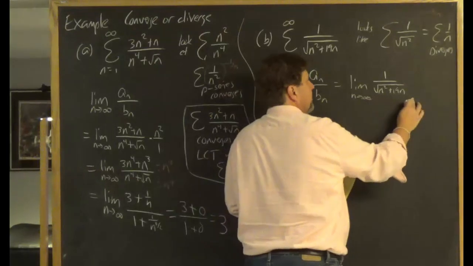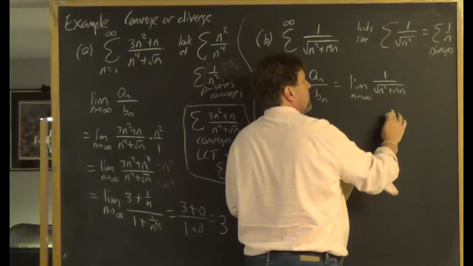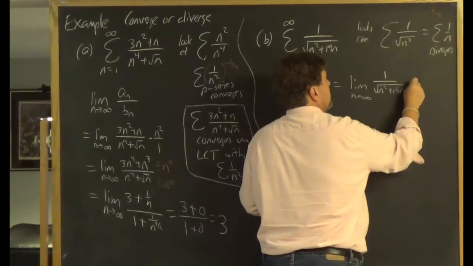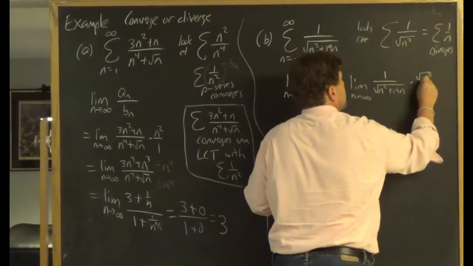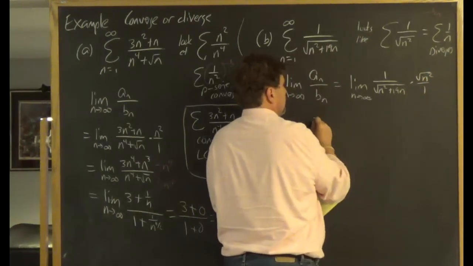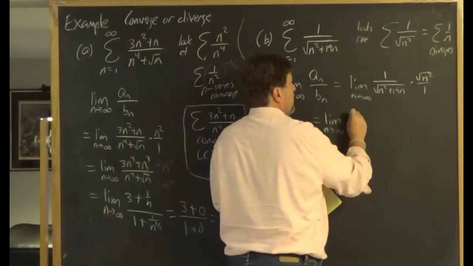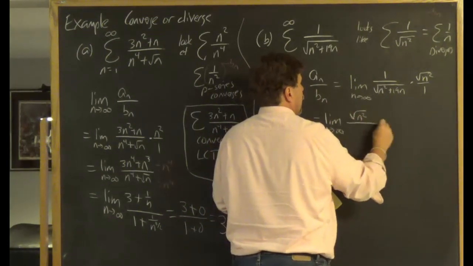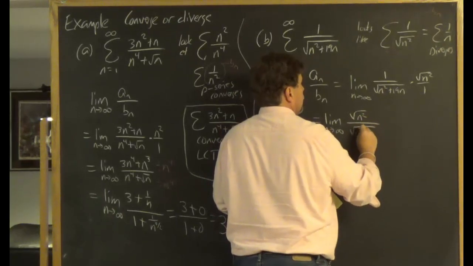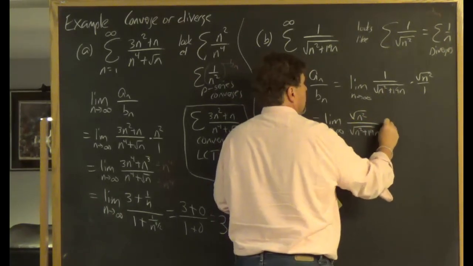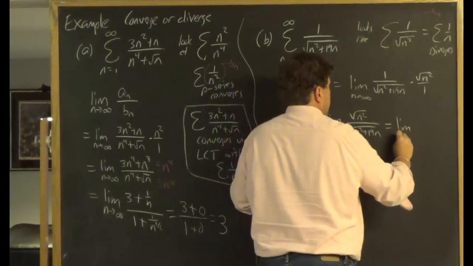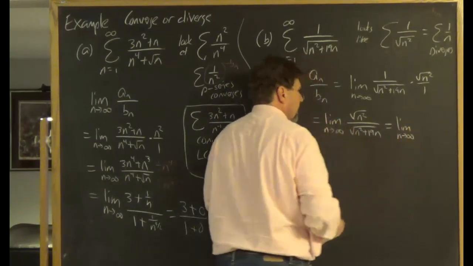Instead of writing divided by 1 over the square root of n squared, I'm going to turn that into multiplying by the reciprocal. That allows me to multiply those fractions together. Now I can use a property of radicals.